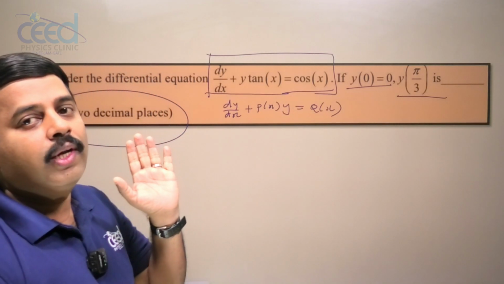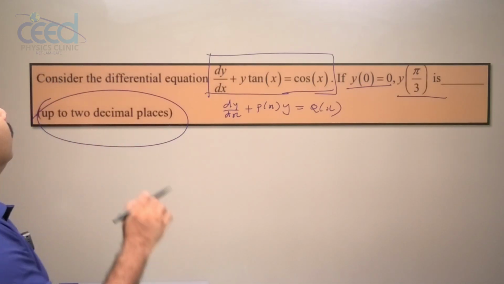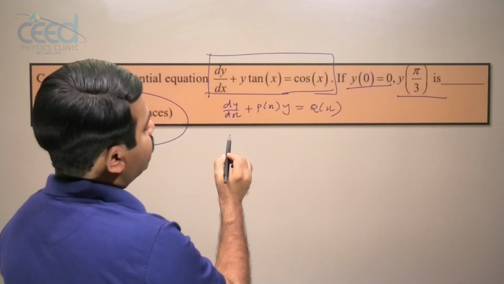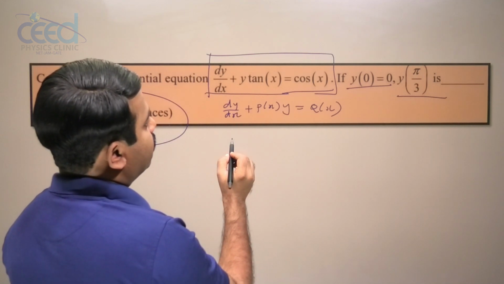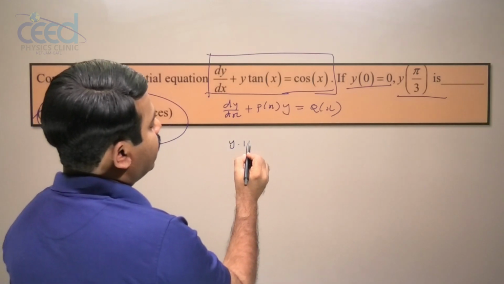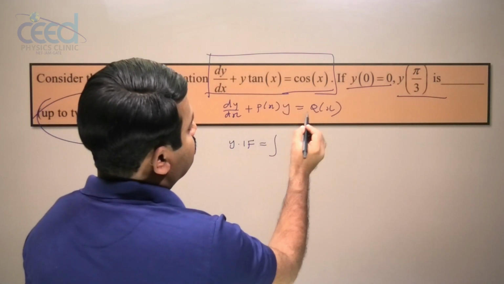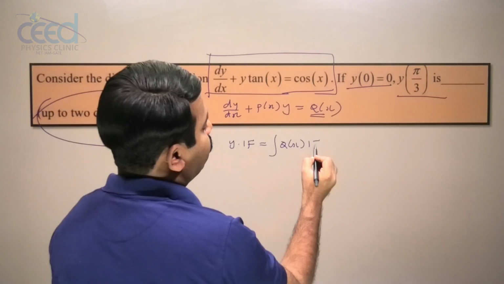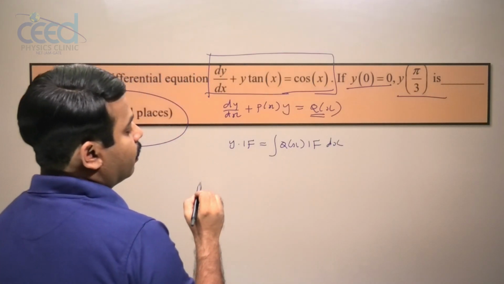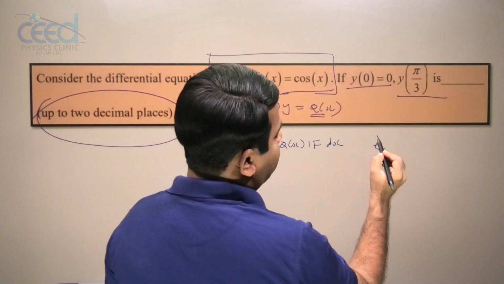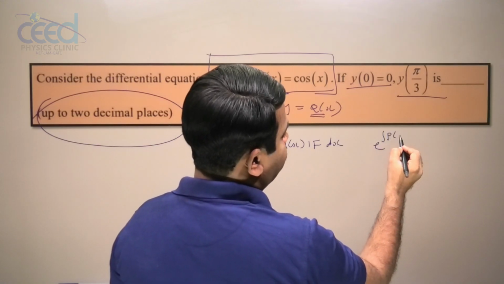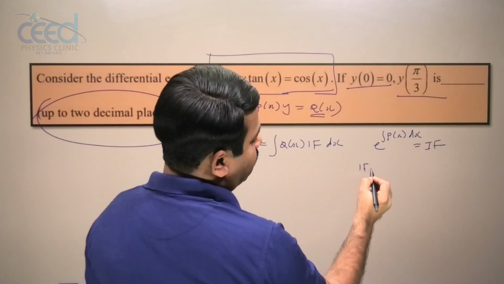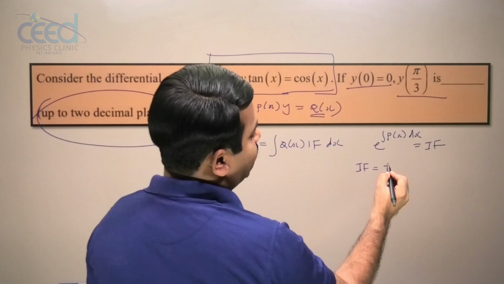To solve a first order linear differential equation, what is the method we discussed? We should find the integrating factor, right? So y into integrating factor is equal to integral q of x into integrating factor dx. This is the format. Integrating factor is equal to e raised to integral p of x dx.